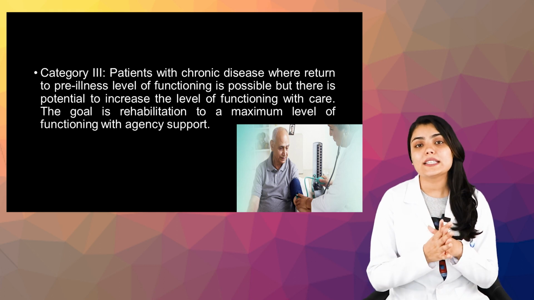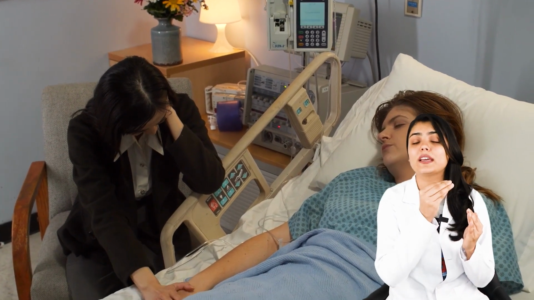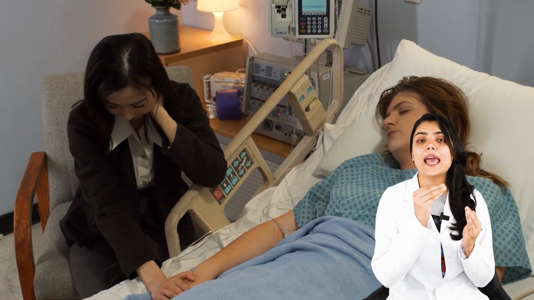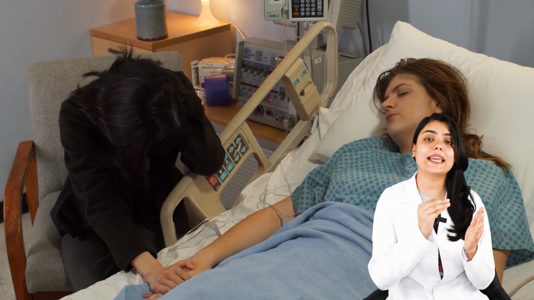Please try to understand here that in the second category, the patient had chronic illness but the episode was acute and the patient has the potential to return back to the pre-disease functioning. In category 3, the patient is suffering from a chronic illness and here also the patient has the possibility to return to the pre-disease functioning, but the level of functioning in such patients can be increased when proper medical assistance is provided. So such kinds of patients are categorized in the third category.